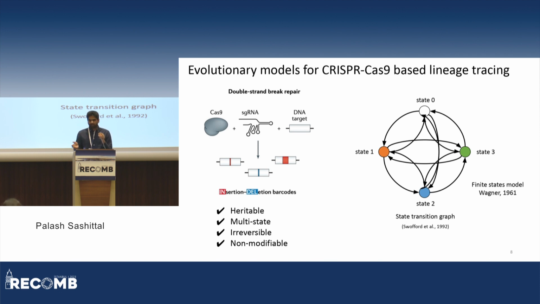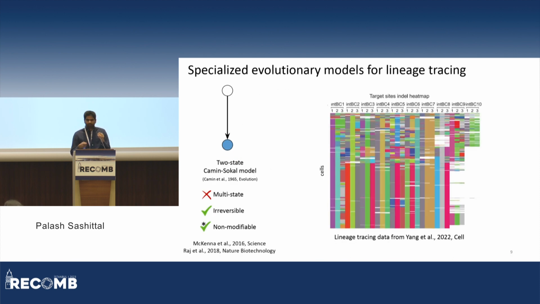So let's see some other evolutionary models that might have some or all of these properties. The first model we look at is a 2-state Camin-Sokal model. In this model, you only have 2 states, the unedited state and the mutated state, and you're only allowed transition from the unedited to the mutated state. So these mutations are irreversible.